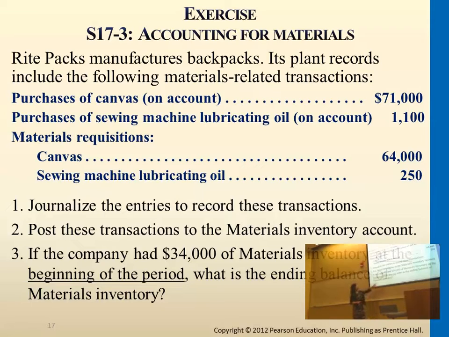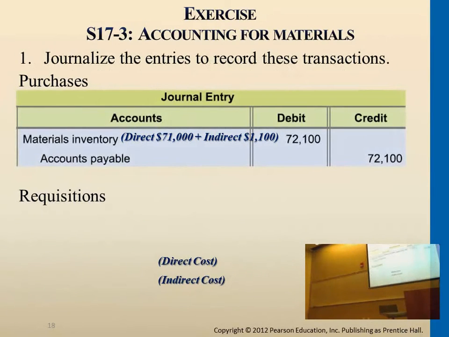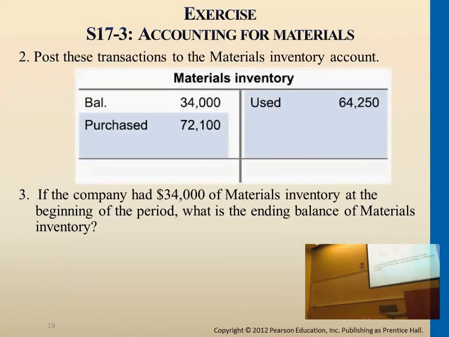It tells us here that a company had $34,000 raw materials carried over to this season, which makes this T account even more valuable because we have more direct materials here. If you post all this information to the T account, it should look like this. Left-hand side, beginning inventory, 34. New purchase inventory, altogether direct and indirect. And then we assign a portion to work in process.